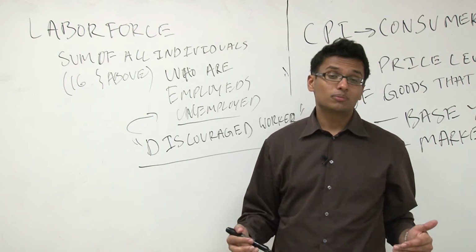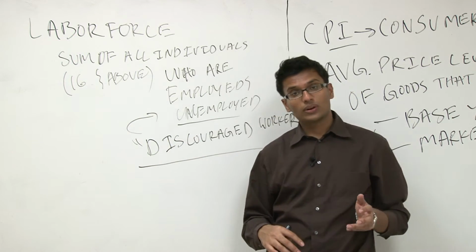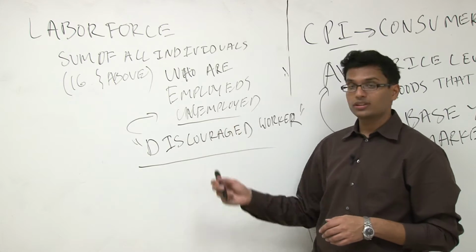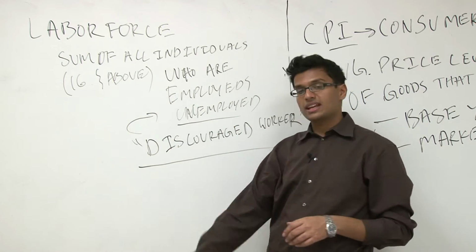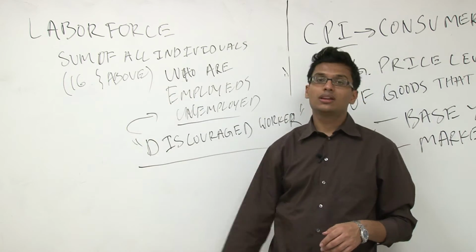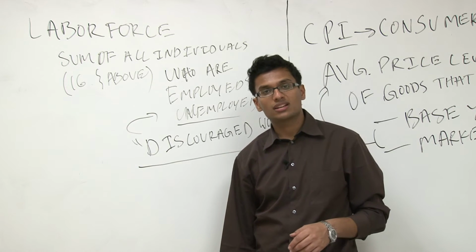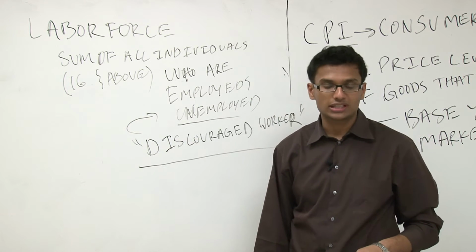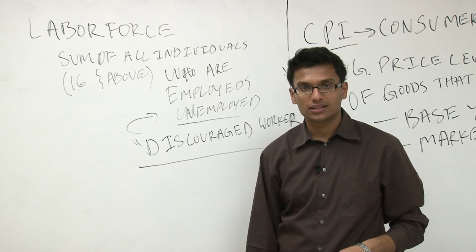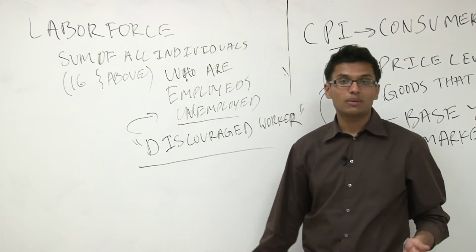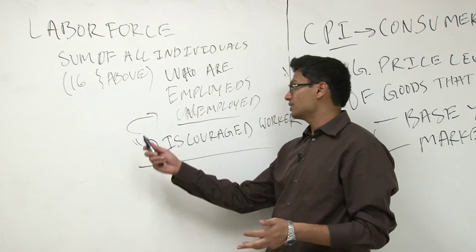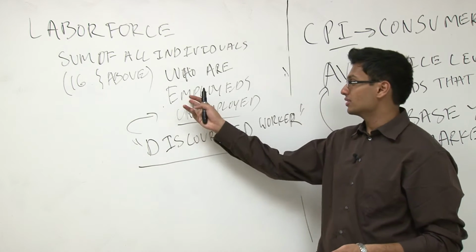So if you are in a position where you've kind of quit looking for a job, you fall outside the unemployment count. Employed is anyone who's 16 and above but is making at least an hour of pay. So he's getting paid an hour per week. It could be part-time, it could be full-time. Point is, if you're working even an hour a week, you come under as employed.